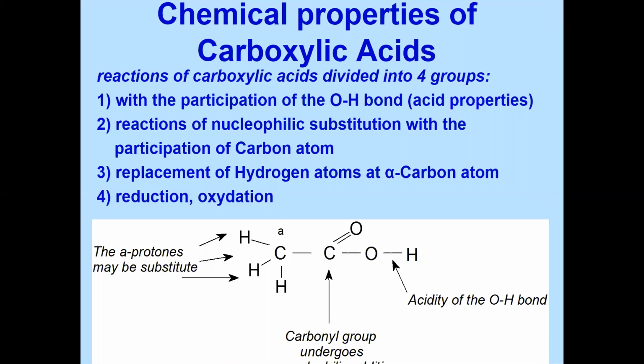You can see a scheme of a molecule of acetic acid. The carbonyl group undergoes nucleophilic additions. Acidity of the bond of the hydroxy group. The alpha protons may be substituted.